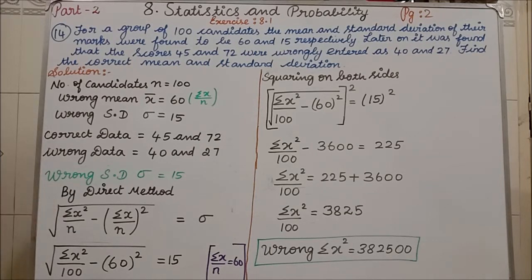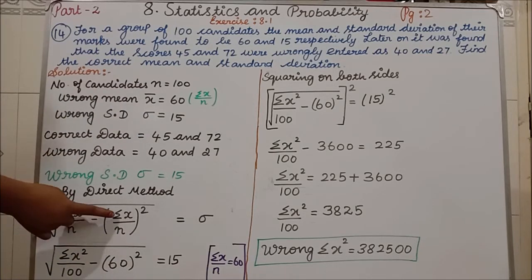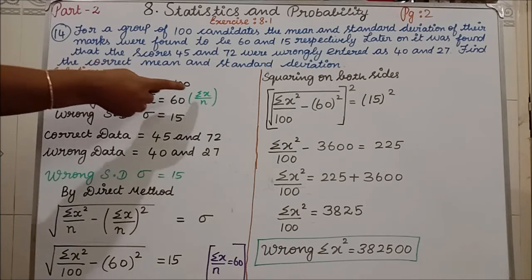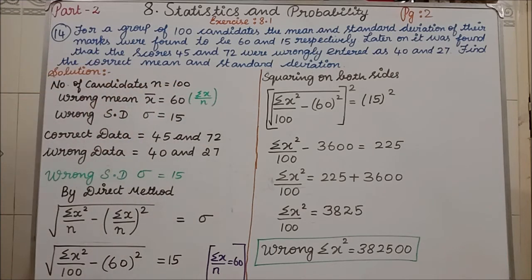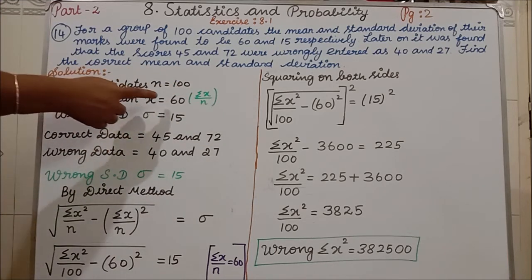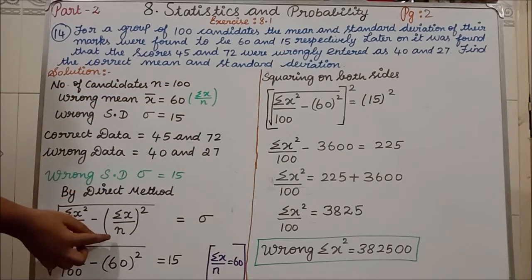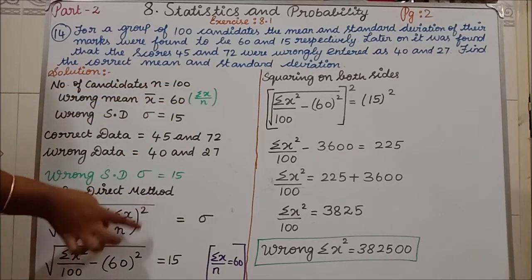Summation x square value, do you know? We don't know, so we just write summation x square itself. N value, do you know? Yes, 100, minus summation x by n. Summation x by n means x bar, so I have written here summation x by n means x bar. This summation x by n answer is 60, and the whole square.